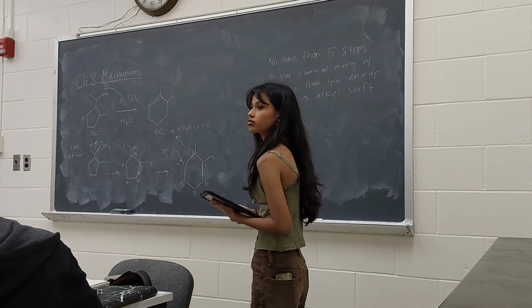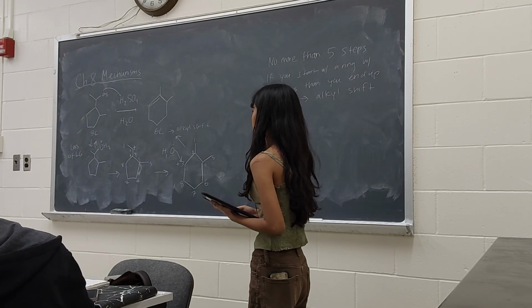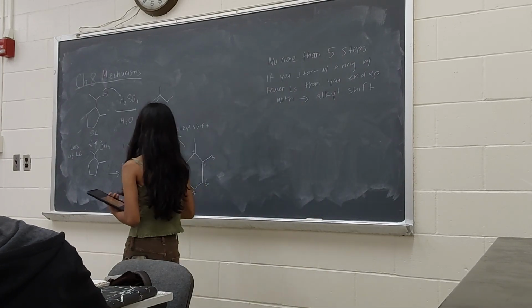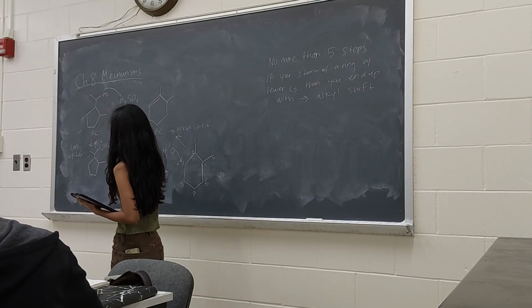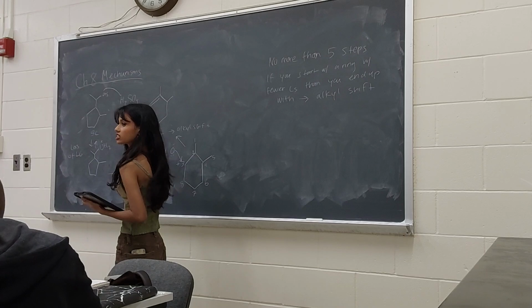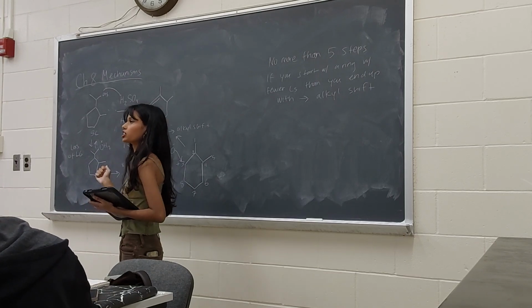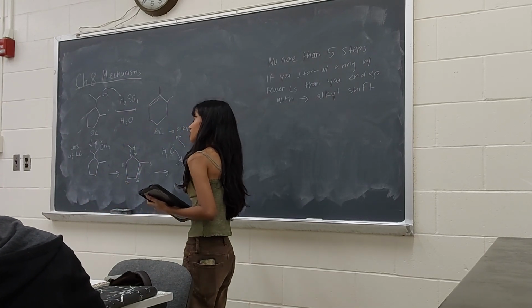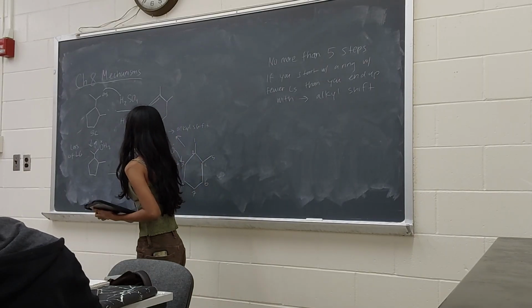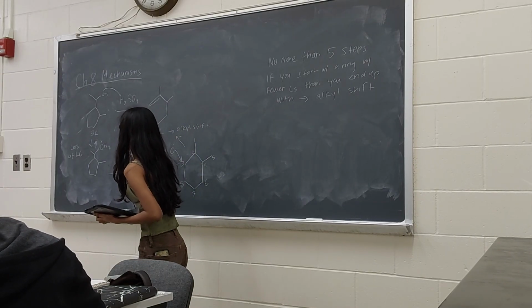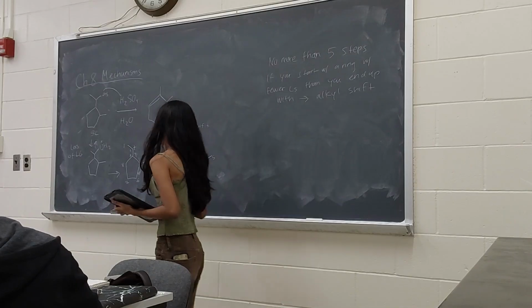What's an alkyl shift? Did you shift a hydrogen? This whole thing kind of shifts here. When you shift a hydrogen, that's the hydride shift. But for an alkyl shift, this whole side of the ring is going to go here.